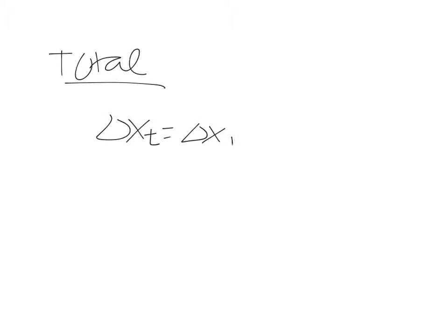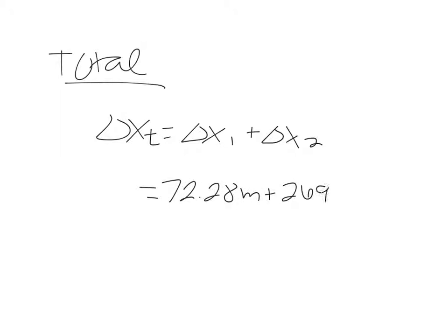For the total trip, delta x total equals delta x1 plus delta x2. So we get 72.28 meters plus 269.66 meters.